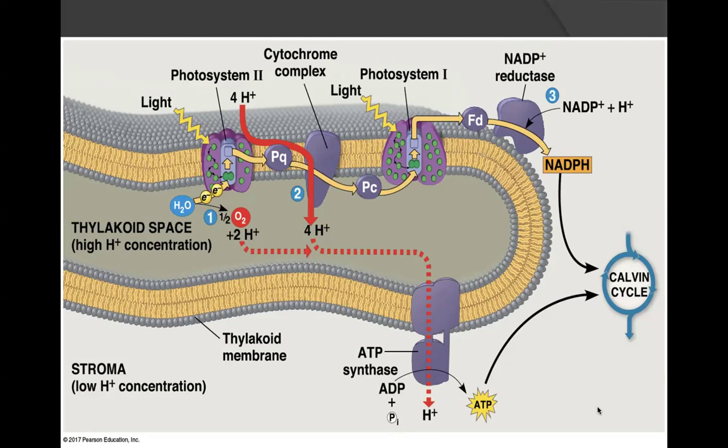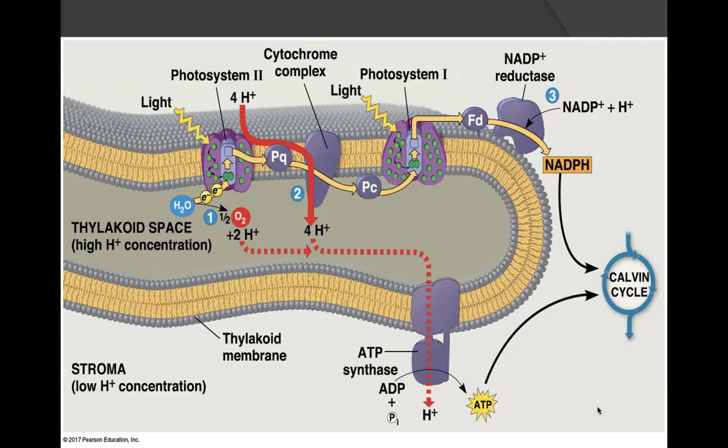So these high energy electrons are going to be passed through this cytochrome complex. Remember, they're high energy electrons passing through an electron transport chain. As we have seen already in respiration, when electrons are passing through an electron transport chain, there can be the ability to pump protons.